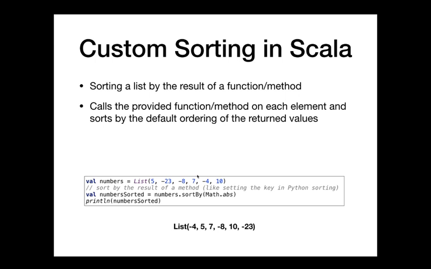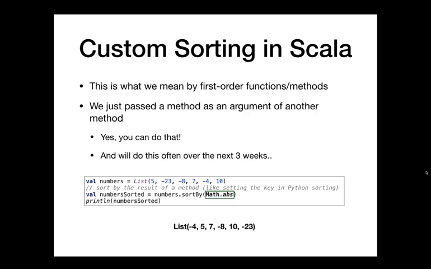So now, instead of just sorting this list, we're going to take the absolute value of each of these numbers and then sort those based on the default ordering. The default ordering of the absolute values of these things. So least to greatest, but after absolute value was called on each. Nothing too crazy yet. Okay, but we still use default ordering for the output of these absolute values.